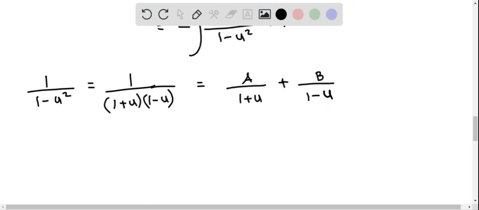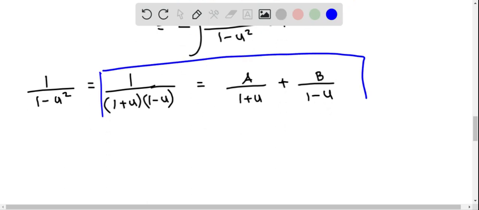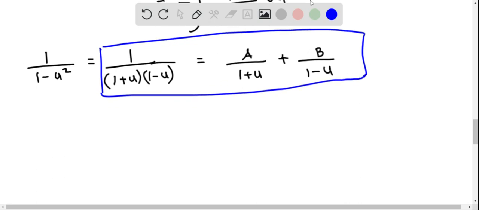Now let's focus only on this part. Here I multiply all the terms by the common denominator. When I do that, I will get only 1 on the left side, and A will get multiplied with the term which it doesn't have in its denominator. In the denominator of A we have 1 plus u.